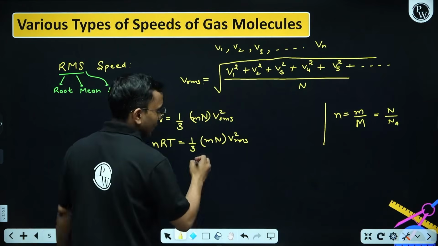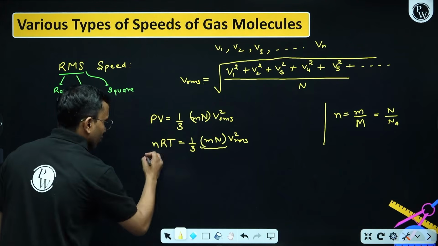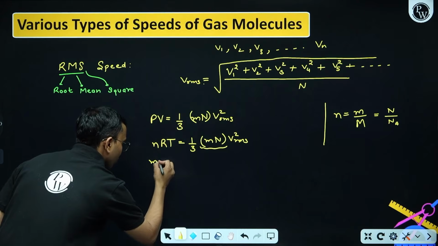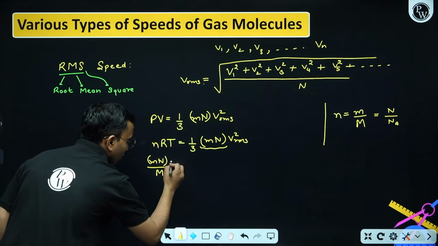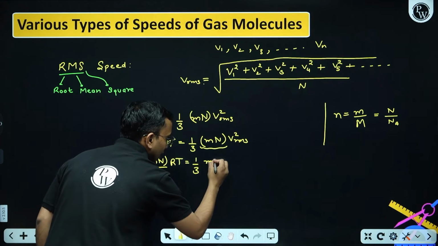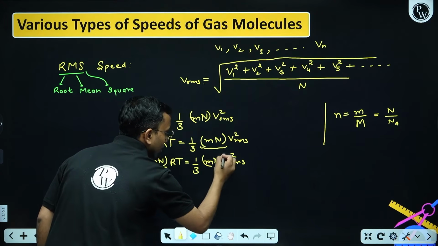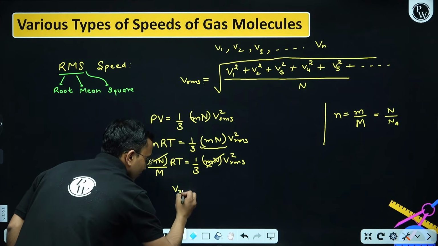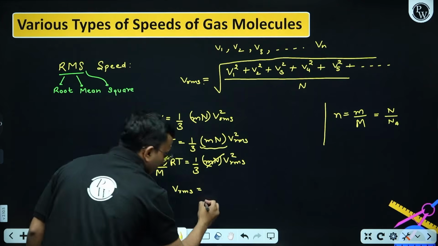So if I write here n, the given mass is the mass of one molecule into the number of molecules, so this is the given mass divided by the molar mass into RT, equal to 1 by 3 mN into VRMS square, and from here this gets cancelled and I get that my VRMS is equal to root of 3RT by M.